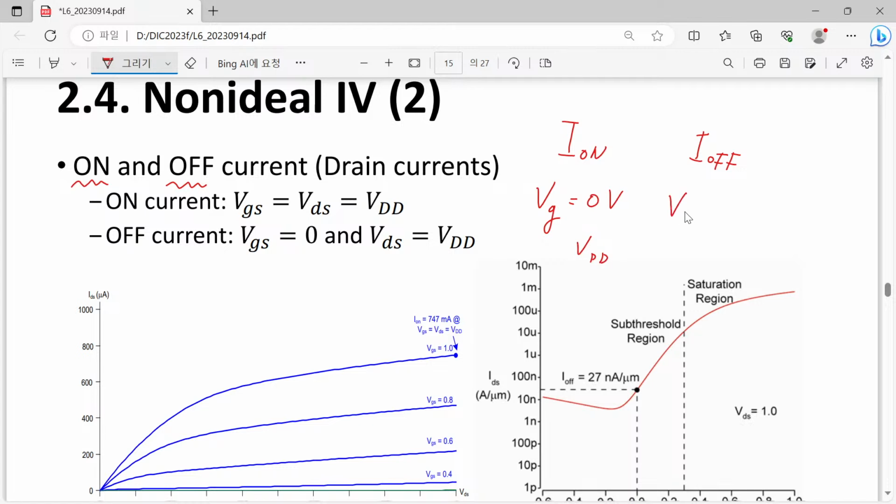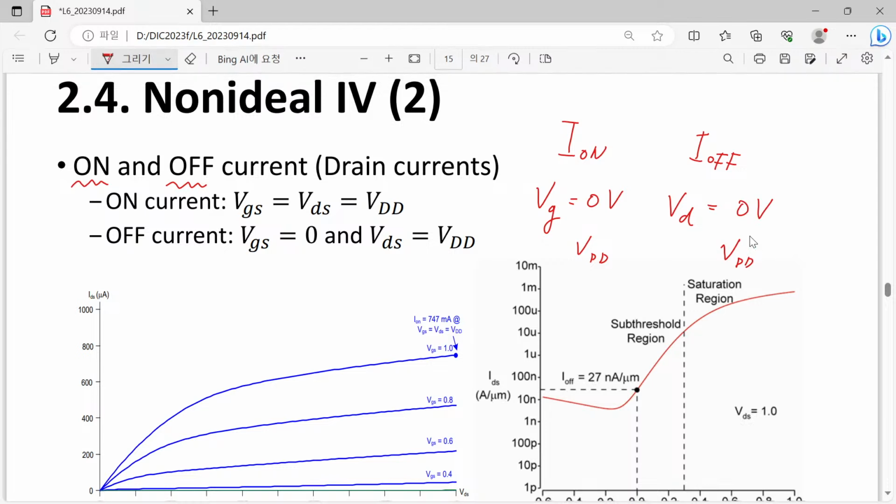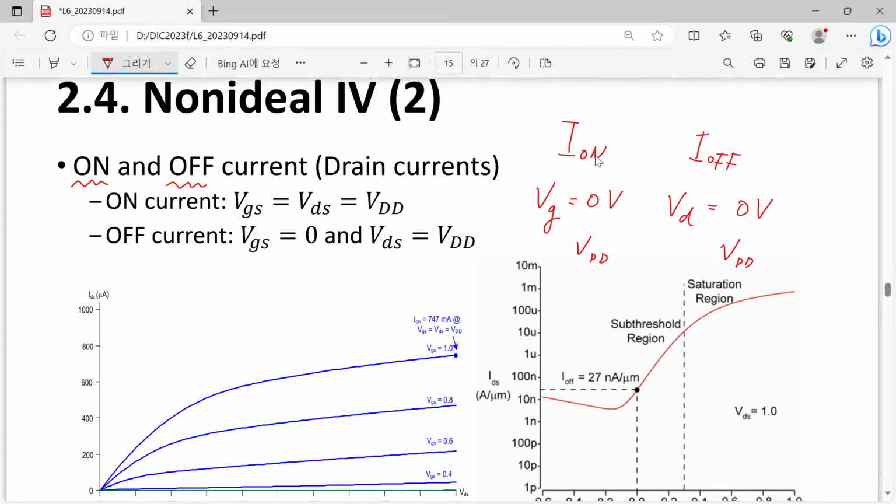Also, the drain voltage we can expect is also maybe 0 volt and VDD. So we can consider more or less 4 different operational points. So are you with me? Then let's make these 4 configurations. Let's say that this is VG and this is VD.